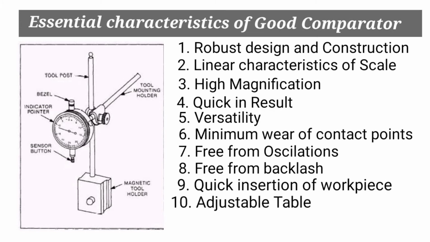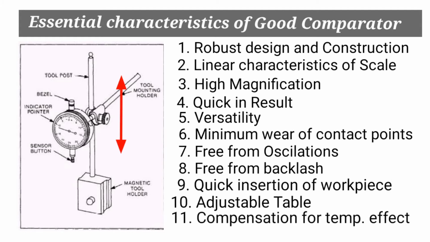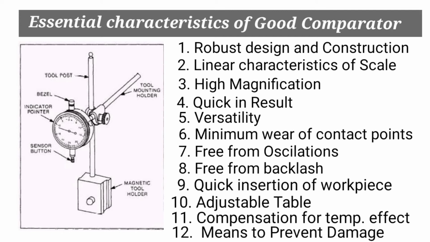The table of the instrument should preferably be adjustable in a vertical sense. The indicator should be provided with maximum compensation for temperature effect. Suitable means should be provided for preventing damage to the instrument in the event of the plunger moving through a greater distance than that corresponding to the range of its measuring scale.